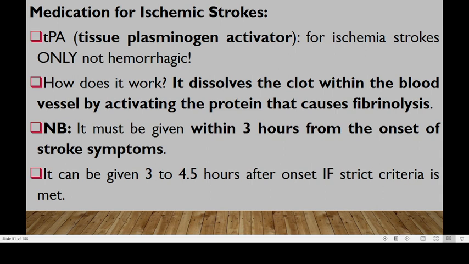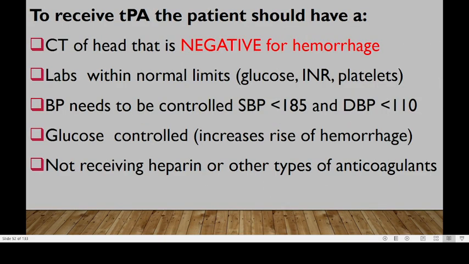So this tissue plasminogen activator normally dissolves the clot within the blood vessels by activating the protein that causes fibrinolysis. And this drug must be given within 3 hours from the onset of stroke symptoms, okay? It can also be given 3 to 4 or 4.5 hours after the onset if the criteria is met.